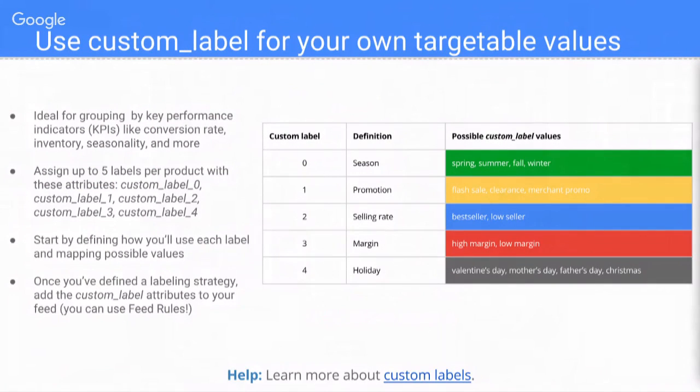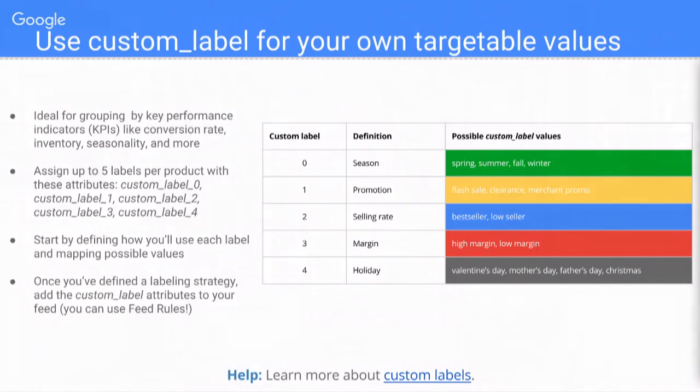And as you can see on the slide here, you can define them based off of what's important to your business. So if we're going to be using seasons, your possible custom label values can be spring, summer, fall, or winter.